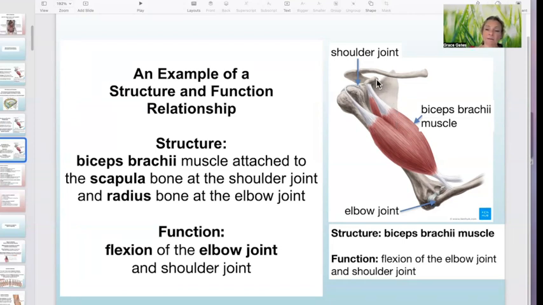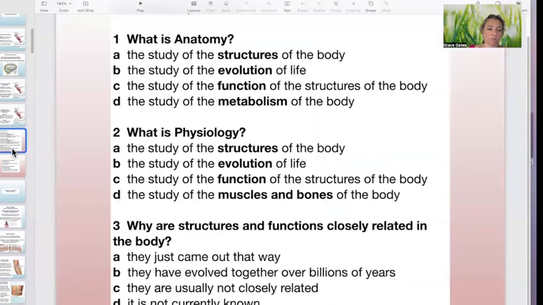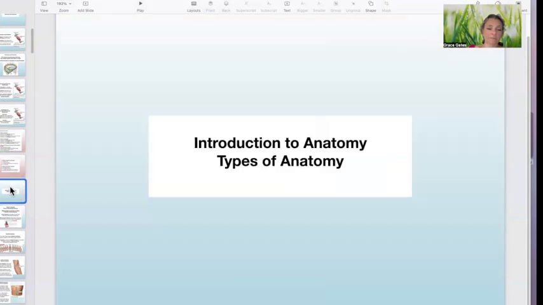And it's the structure of the bones, the muscles, and more bones that allow flexion of the elbow joint and the shoulder joint to occur. Of course, we'll learn a lot about that.